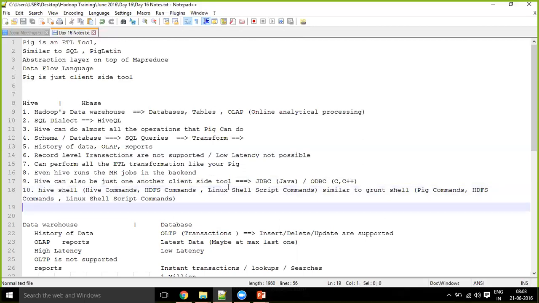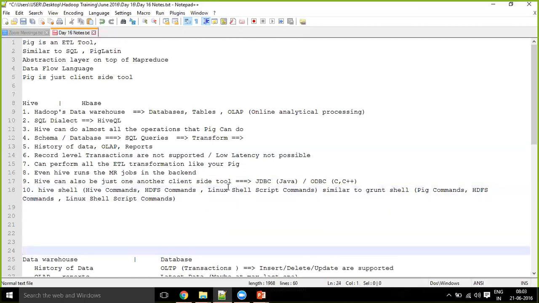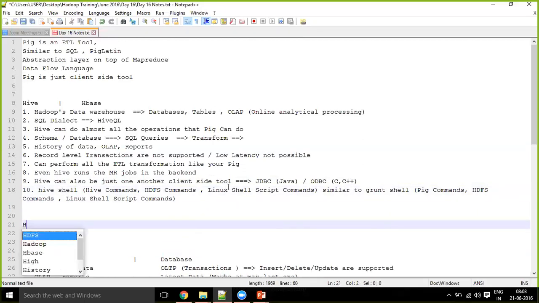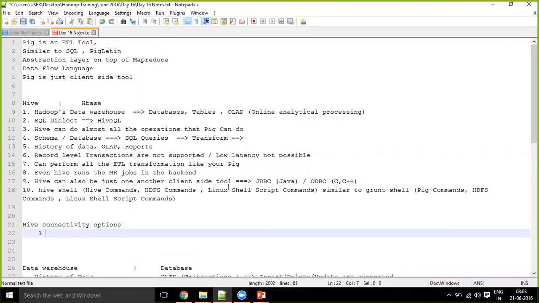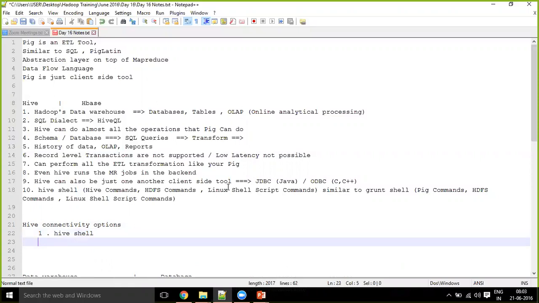So similar to any typical RDBMS, Hive supports connectivity in 3 ways. Hive connectivity options are: one is through the Hive shell, where you run your commands directly in the shell itself. The second is through JDBC programs, might be Java clients.